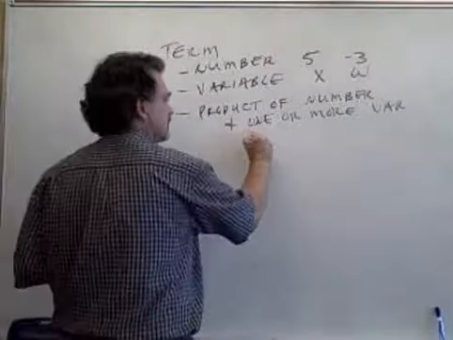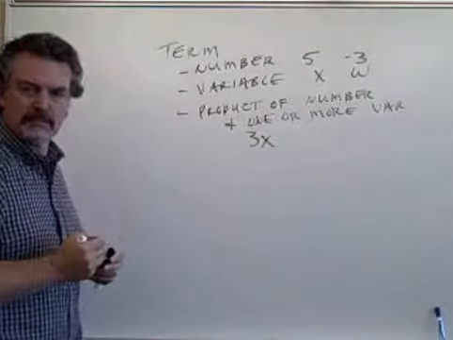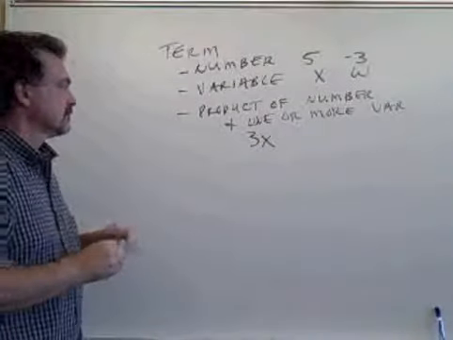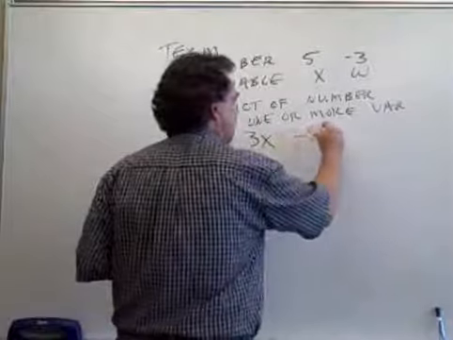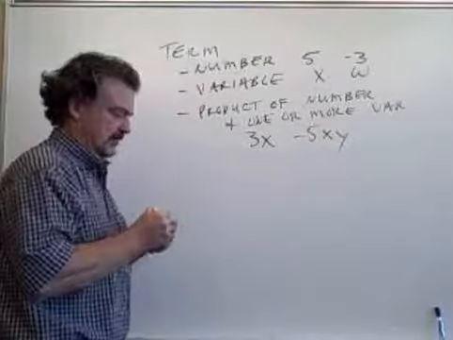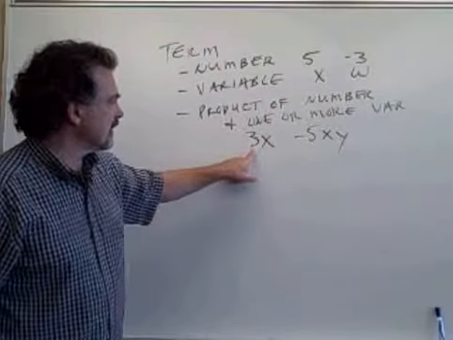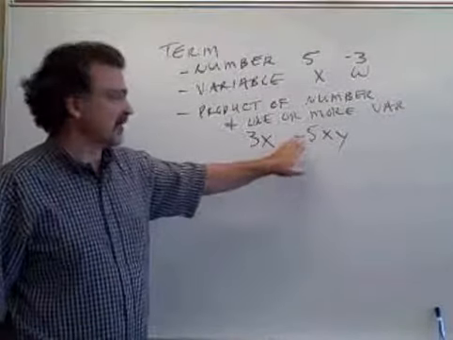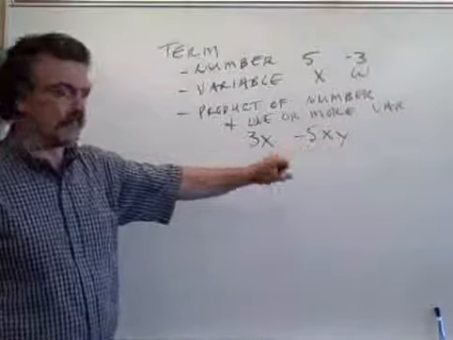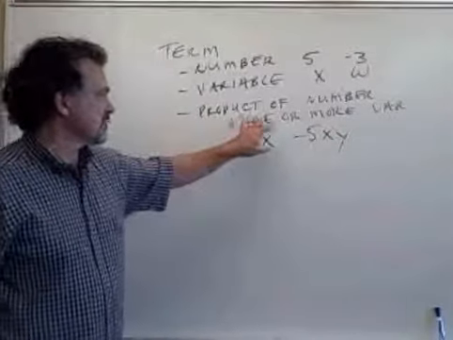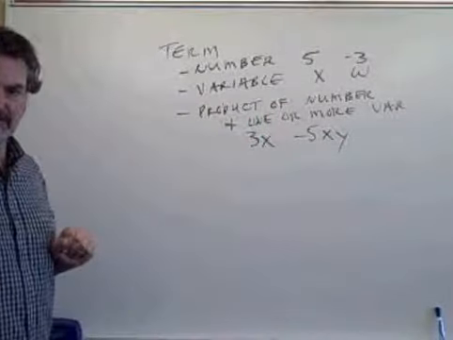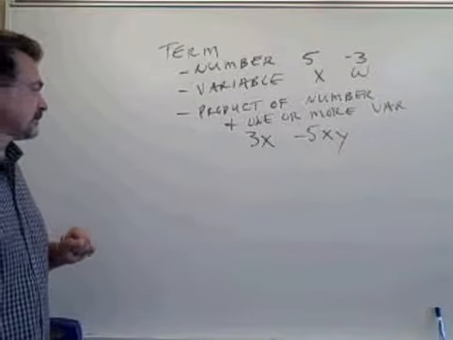For example, 3x is a term. -5xy would be a term. Here we have a product of a number and one variable. Here we have a product of a number and two variables. A term is a product, or can be a product of a number and one or more variables.